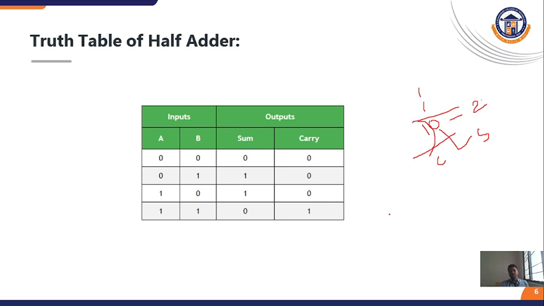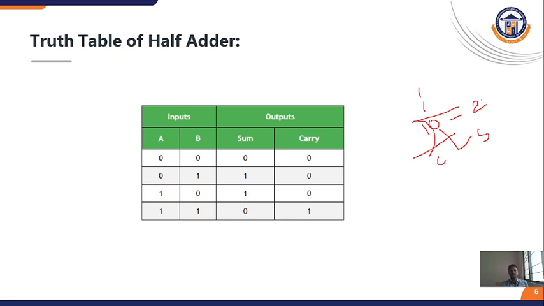After that we have to find the Boolean expression for the outputs sum and carry. This is a very simple circuit, so we can write the expression as it is from the truth table itself.